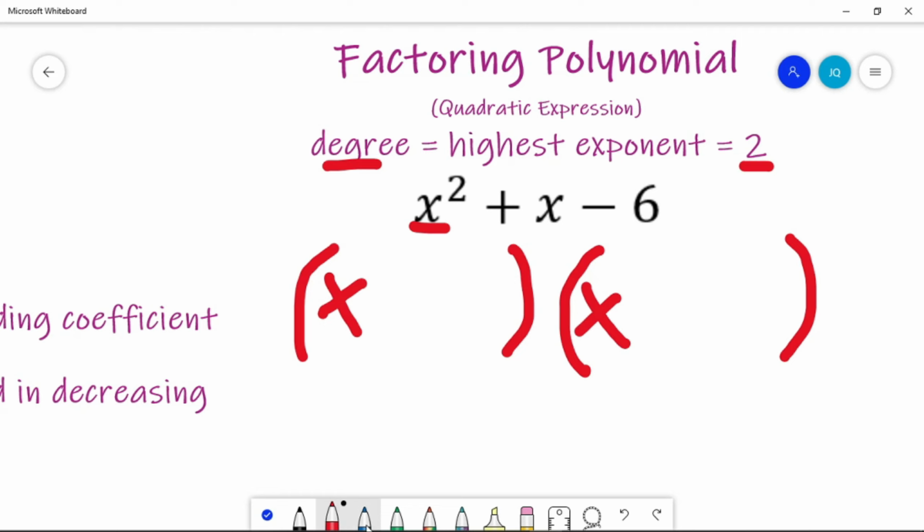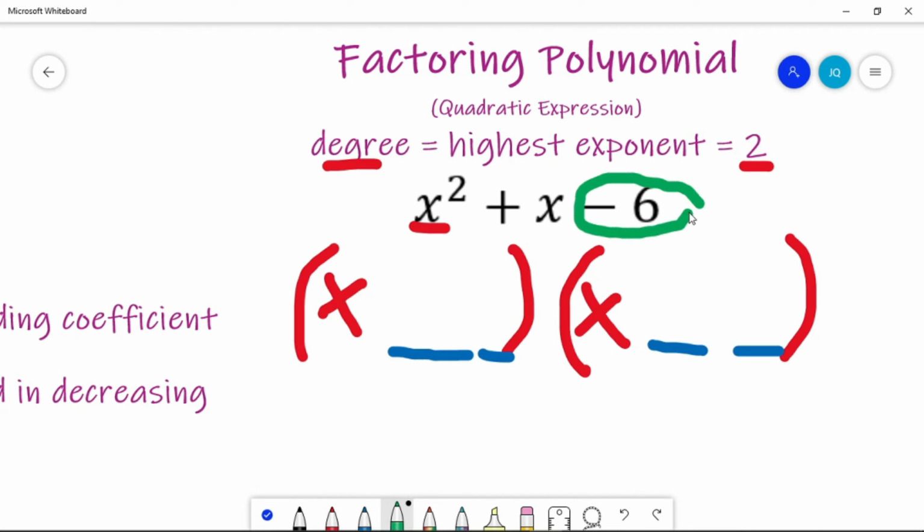Now our problem is what would be the operation and the value that we are going to put here beside x. To know, we would need to get the factors of the constant term, meaning the term having no variable.